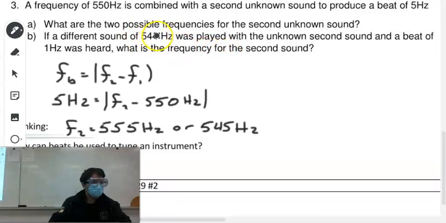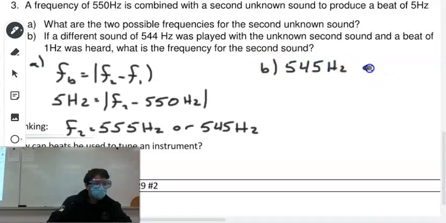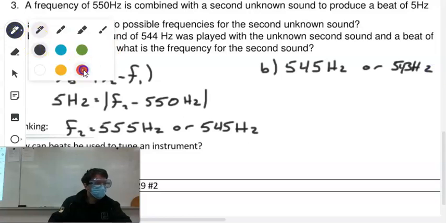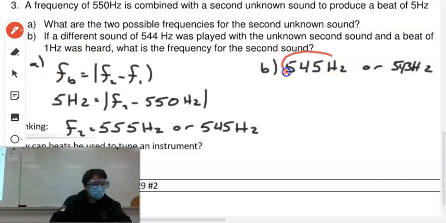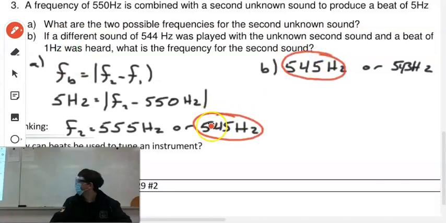So it's either going to be one more than that at 545 or one less than that at 543. Since the frequencies are identical, we look for the two that match. And that's the frequency of our unknown sound.